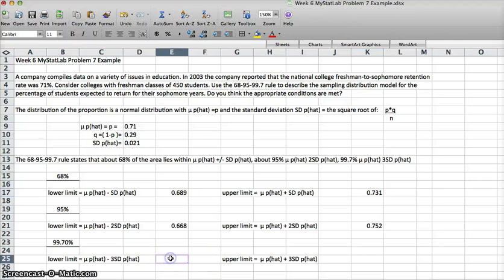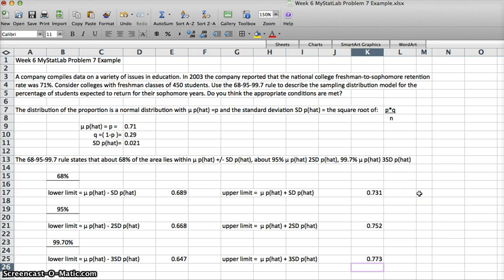One more time now. Now we're going to go 3 standard deviations, so equals 0.71 minus 3 times our standard deviation. Doesn't Excel make this easy? So the lower limit is now, the bottom's 0.647. Same here, equals 0.71 plus 3 times that standard deviation.